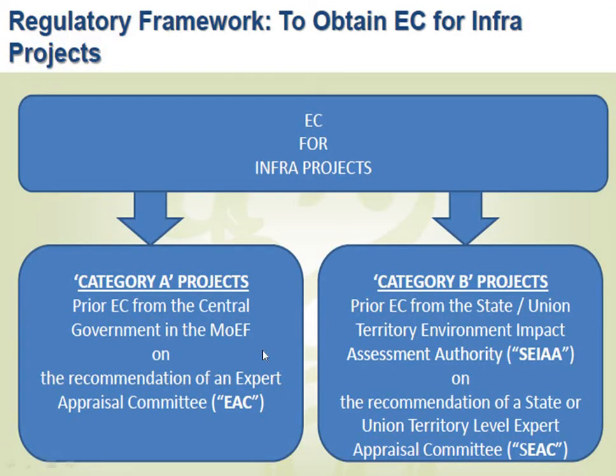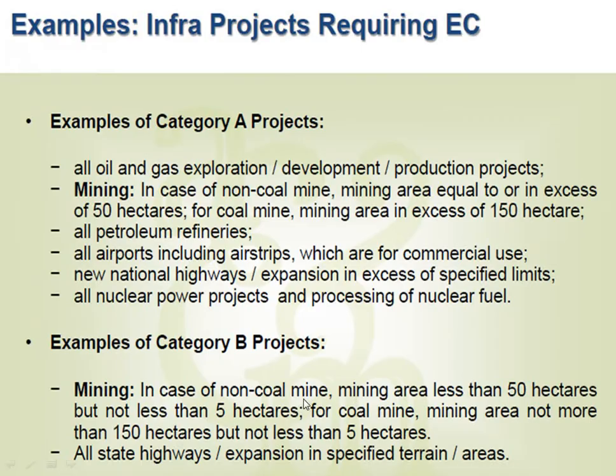Category A is the major projects, which the central government can provide. Category B will have detailed analysis by the state government, and verification is also required. Both of them need EIA. There is something which doesn't need EIA, but that's different. Both need EIA, but for Category A the central government has to give it, and here the state government is also involved.